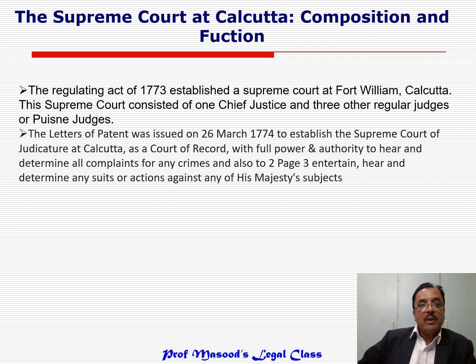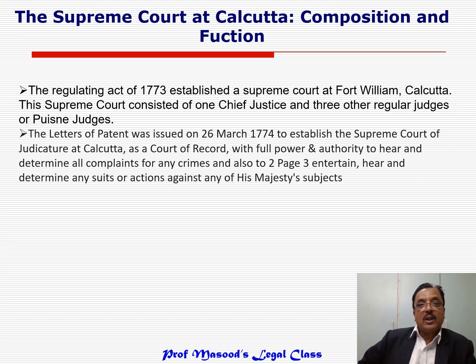The letters patent were issued on 26 March 1774 to establish the Supreme Court of Judicature at Calcutta as a court of record with full power and authority to hear and determine all complaints for any crimes, and also to entertain, hear and determine any suit or action against any of His Majesty's subjects.